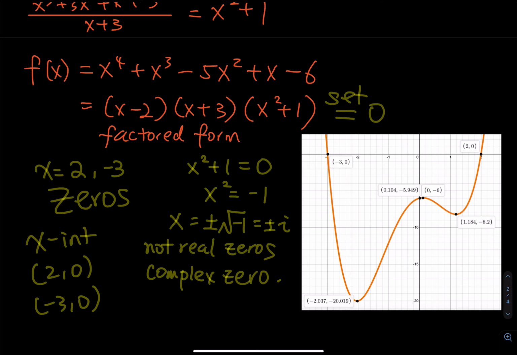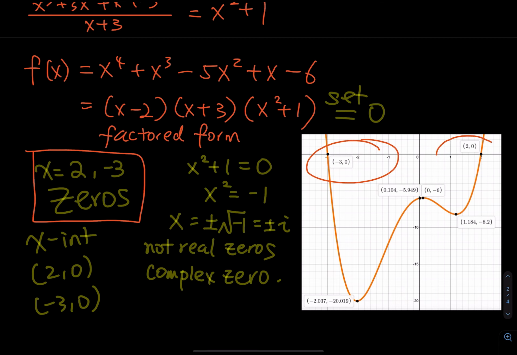Where is the i? Do we see the i? Nope. We have 2 real zeros right here, one at 2, one at -3. That's it. We have 2 x-intercepts. That's all we have. How about the i? The i is a complex zero. You will not see that on the graph.